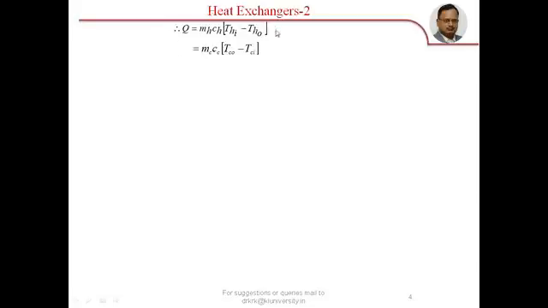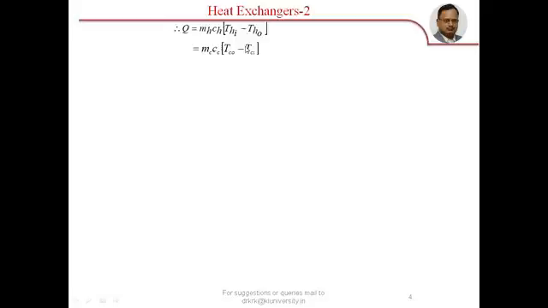Under adiabatic conditions, the heat lost by the hot fluid is equal to the heat gained by the cold fluid. So Q equal to MH CH (THI minus THO), which is also equal to MC CC (TCO minus TCI). This is, as a bulk, the heat lost by the hot fluid and the heat gained by the cold fluid.